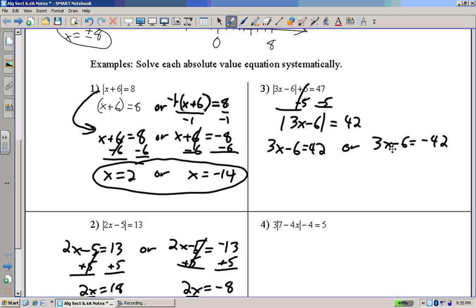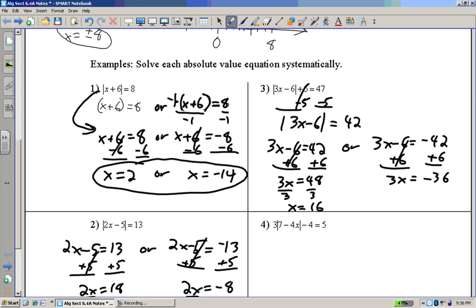Now that we split them into the two cases, the two parallel dimensions here, we're going to add 6 to both sides. You get 3x equals 48, divide by 3, and x equals 16. Or, we're going to add 6, 3x equals negative 36.